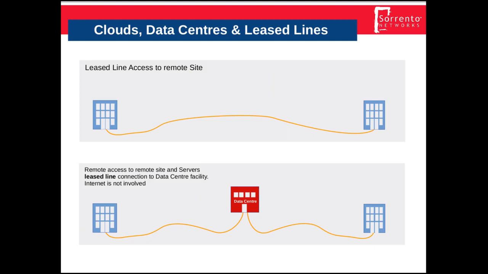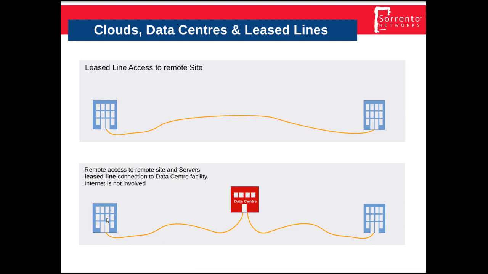So a leased line provides a connection to a remote site, and that remote site could be another building, or it could be, for example, a data center building. That, of course, is another type of building, but the distinction I'm drawing is a building with people in it and offices and so on, and one which is basically a bunch of servers.